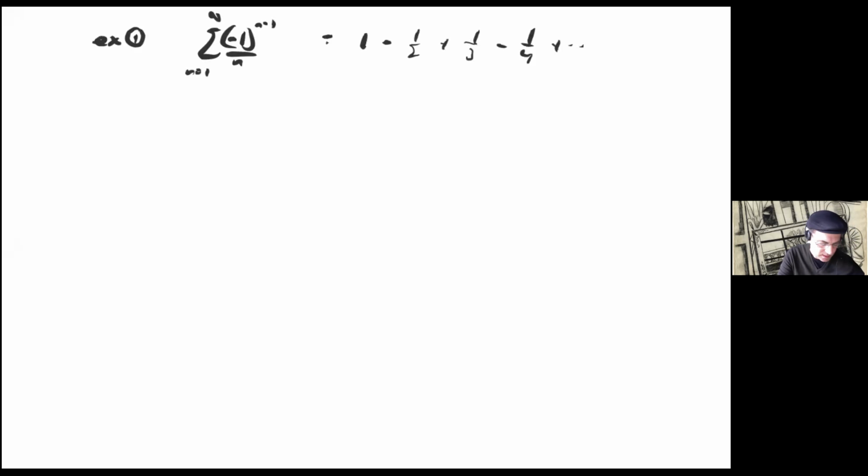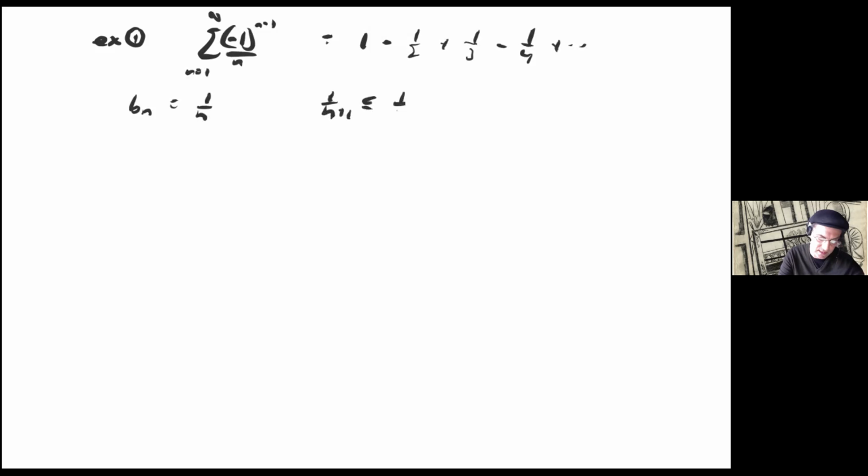Okay, so example 1 would be summation (-1)^(n-1) over n, n goes from 1 to infinity. So this is the series 1 minus a half plus a third minus a fourth, etc. So b_n is 1 over n, and note that 1 over n is greater than or equal to 1 over n plus 1.